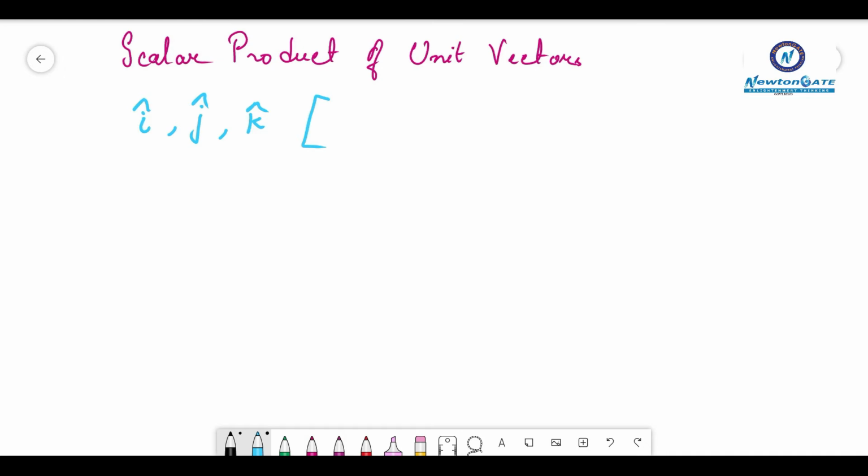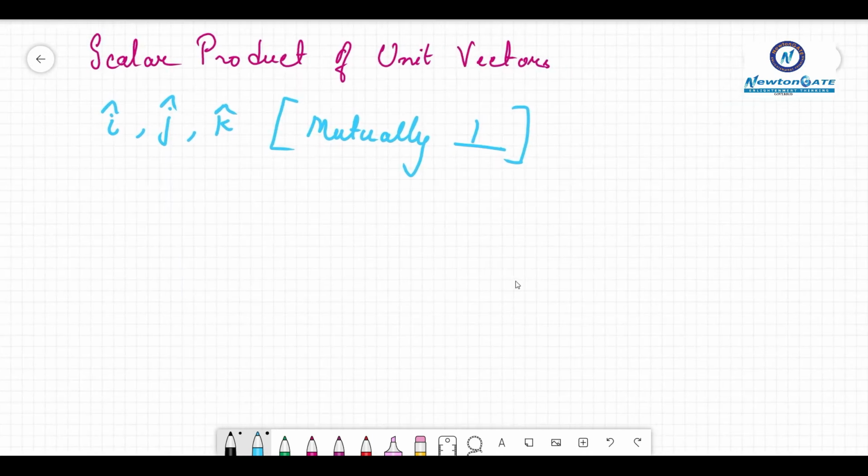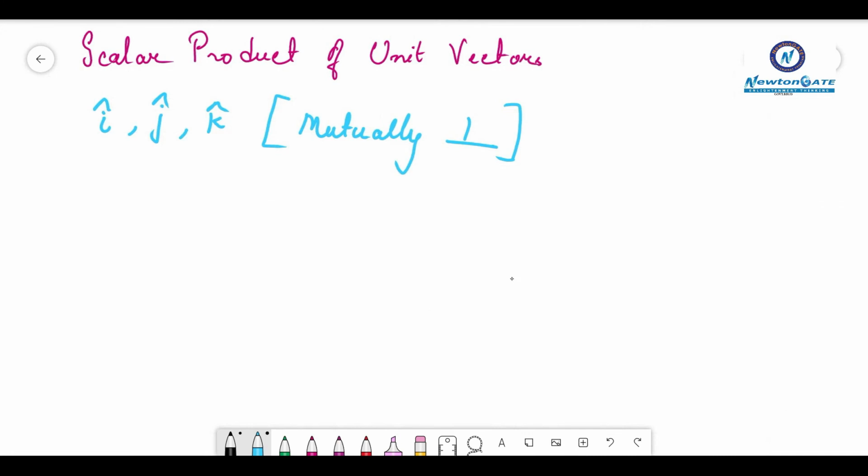Why? Because they give us the directions towards x, y and z axis. Since x, y and z axes are mutually perpendicular, these unit vectors are also mutually perpendicular to each other. So we'll see what kind of scalar products we can get if we multiply them.